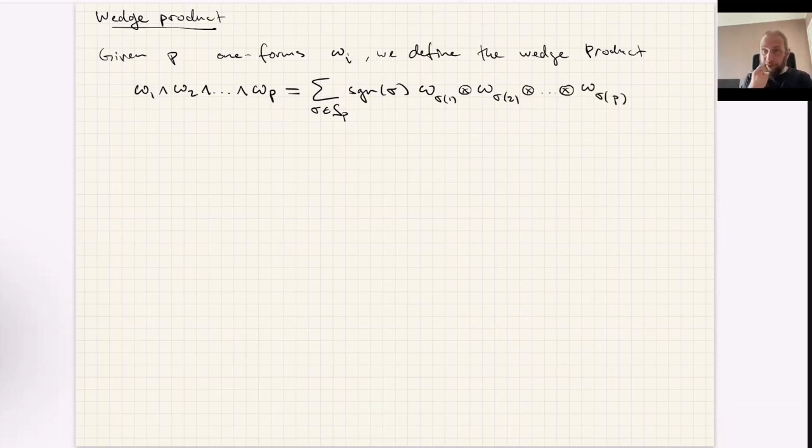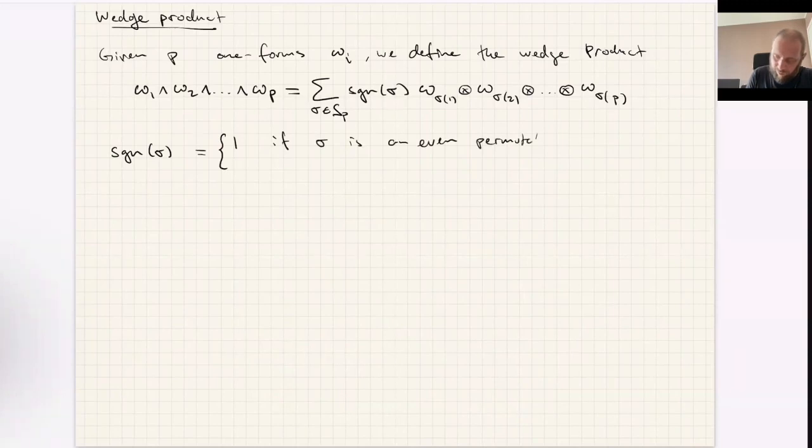So this is a 0p tensor. This signum function is equal to 1 if sigma is an even permutation, and it's minus 1 if sigma is an odd permutation.